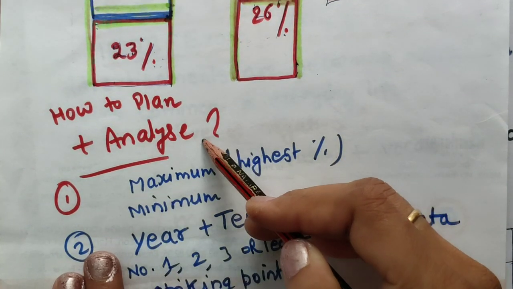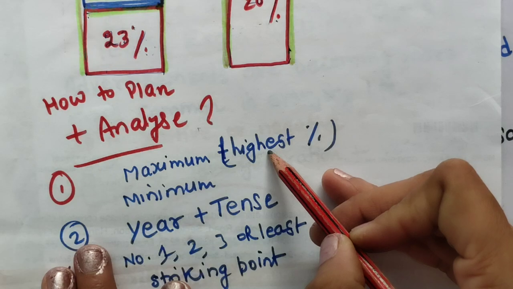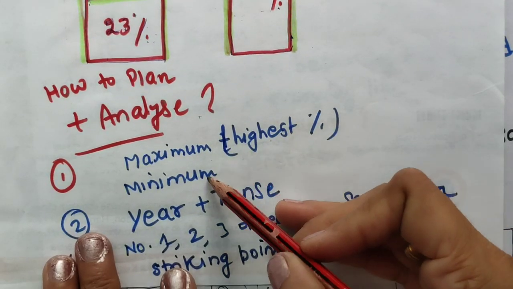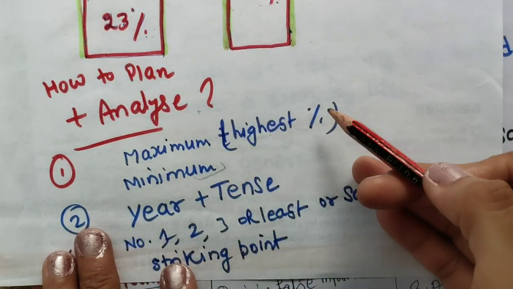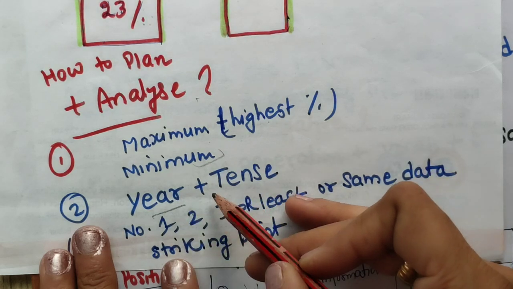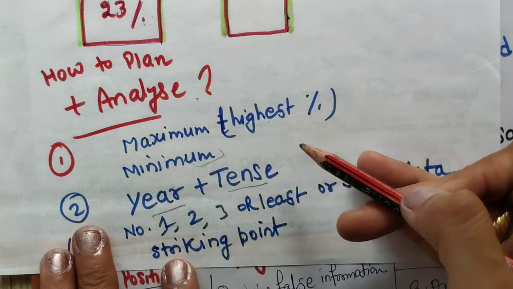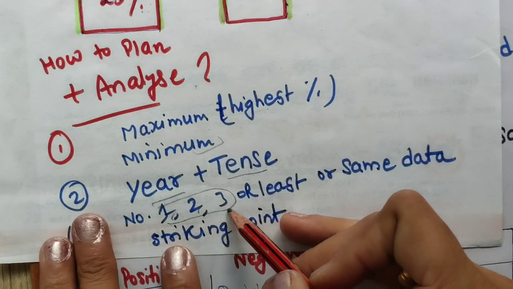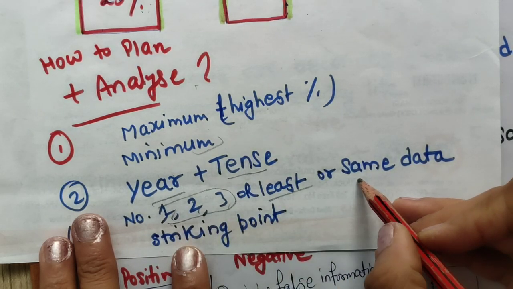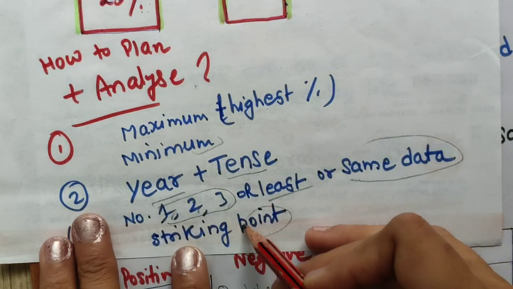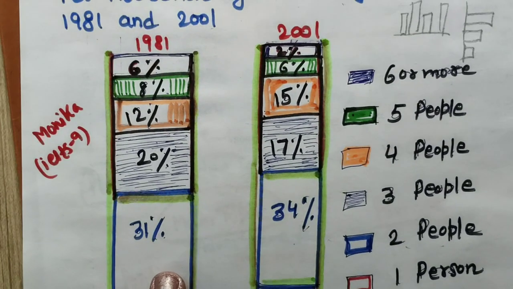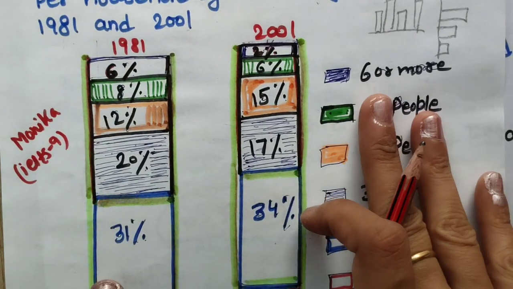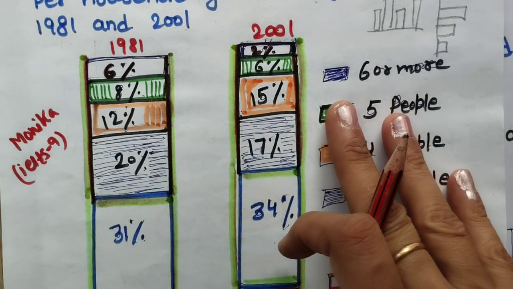We have found the maximum, minimum, and second number also, year also. 2 years are there and tense is past. And definitely we will talk about first number, second number, third number, and least, or same data, means any striking point. Can you see any striking point over here? Just a minute, I will show you the full graph.